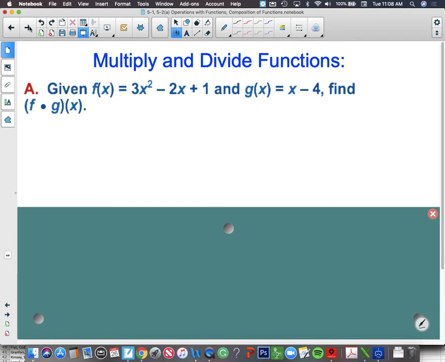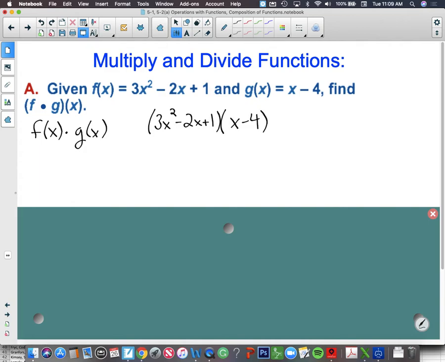So this little dot here, you guys should know that that means multiplication. Another way to write this would be f of x times g of x. Okay, same kind of deal there. So we are going to be multiplying two functions. So if I just write it out as I see it, 3x squared minus 2x plus 1, that's my f of x, times g of x.